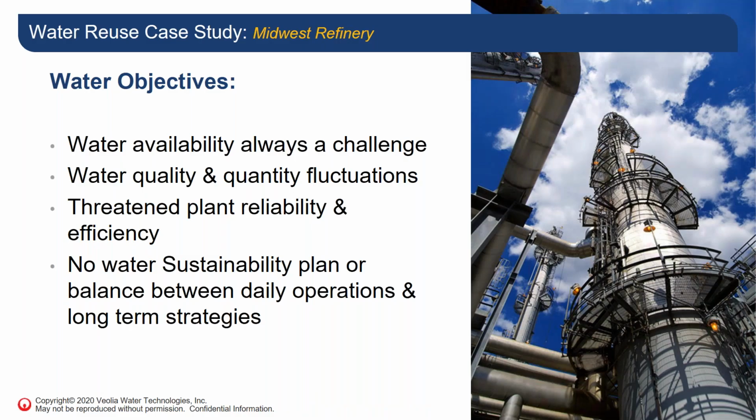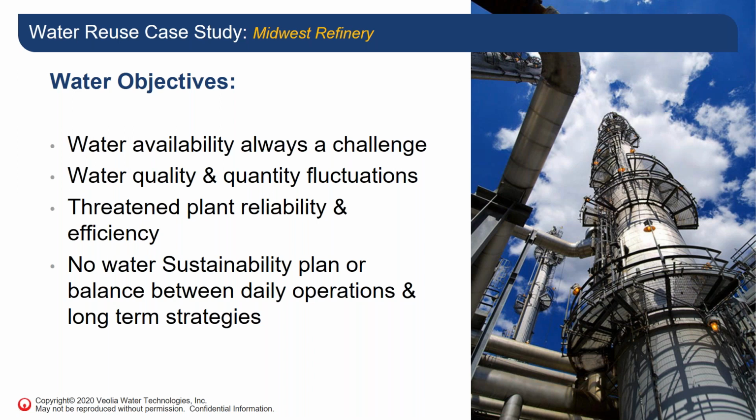The first was a refinery out in the Midwest that had some pretty keen, but pretty well-known and unfortunately very stringent water objectives. Availability had always been a problem for them. They had quality and quantity fluctuations, which you cannot have in an oil refinery. And those fluctuations threatened both the reliability or the operation of the plant, as well as its efficiency.